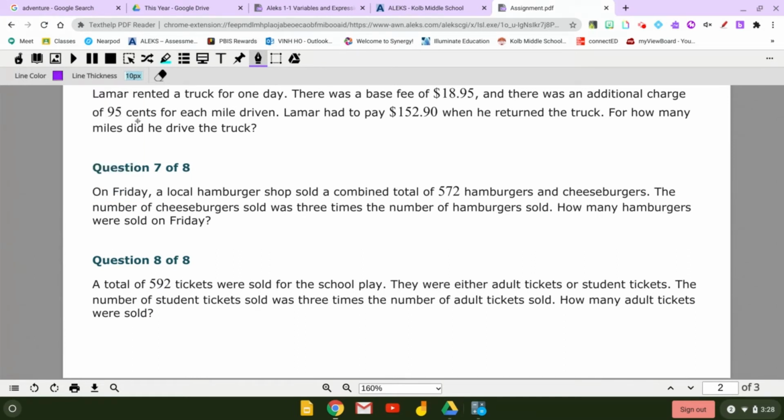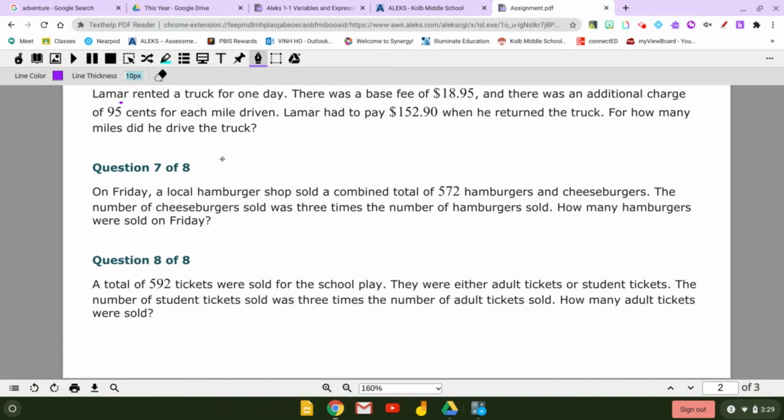Lamar rented a truck for one day. There was a base fee of $18.95, and there was an additional charge of 95 cents for each mile driven. Lamar had to pay $152.90 when he returned the truck.